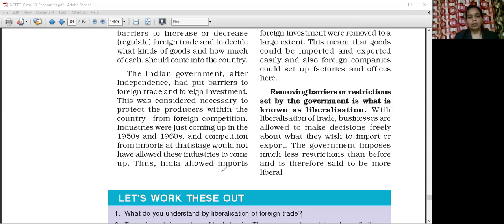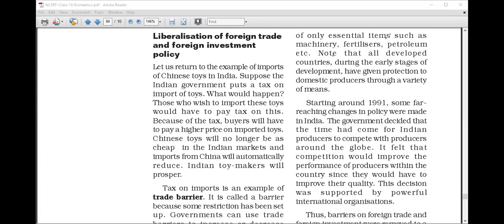Thus, India allowed industries to come up and allowed imports only of goods which were not produced in the country, such as machinery, fertilizer, petroleum, etc.